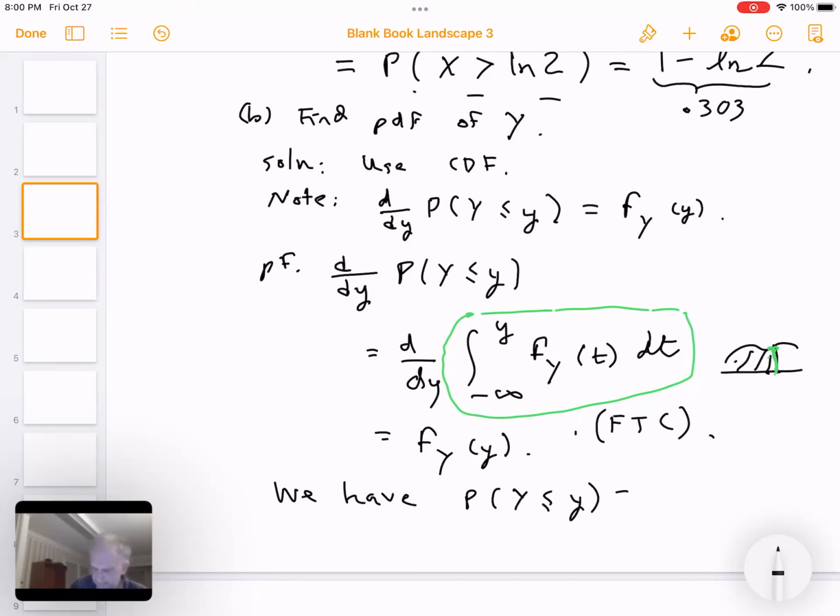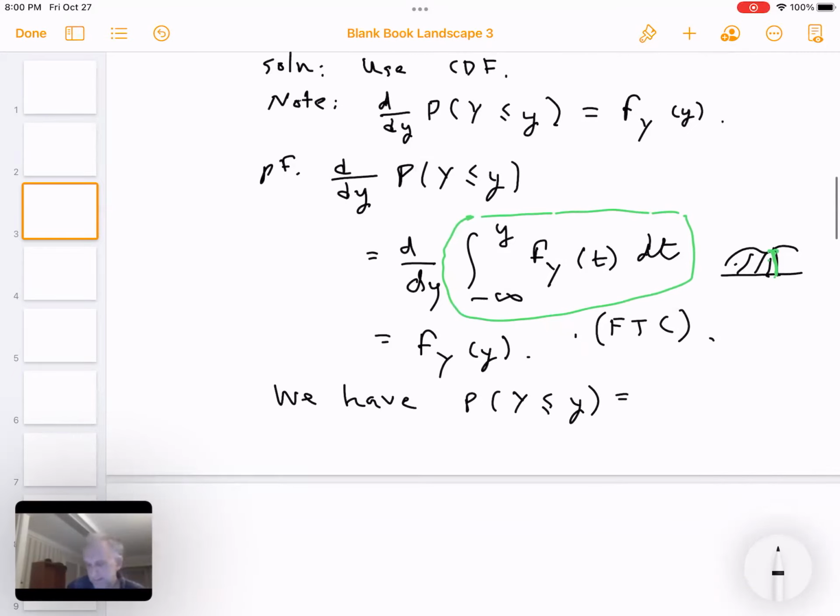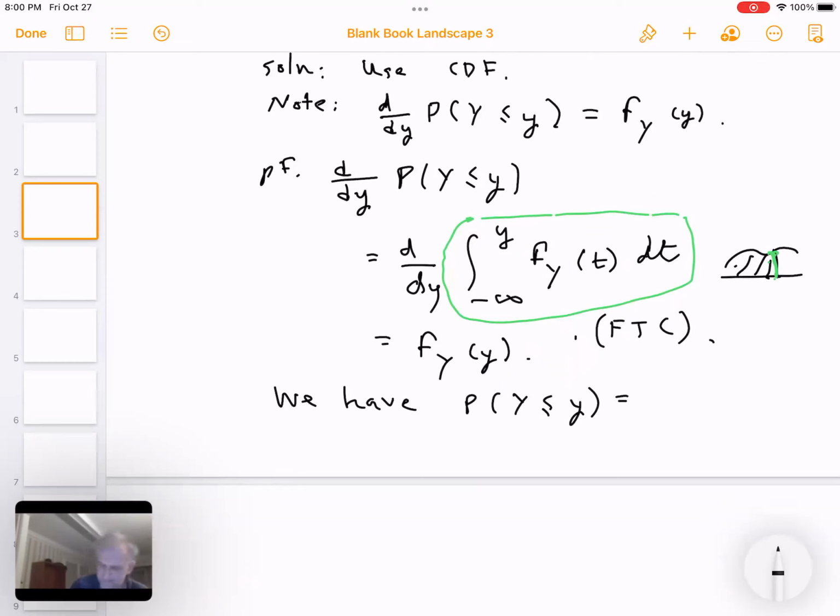The CDF of y is equal to, well, it's e to the x, right? This is equal to the probability e to the x is less than or equal to little y. And this is equal to a couple things, right?